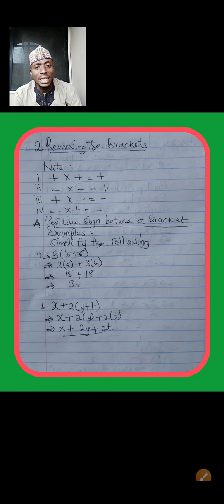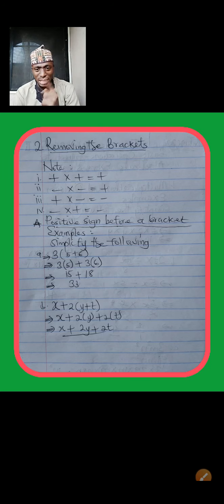The next one is removing the brackets. Before you remove brackets you need to take note of these signs. When you are multiplying the same sign, that is plus times plus or minus times minus, you are going to get addition, or plus.